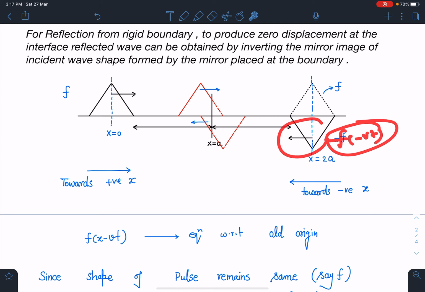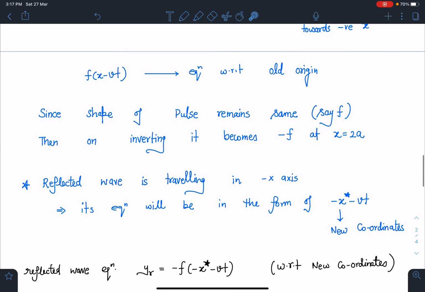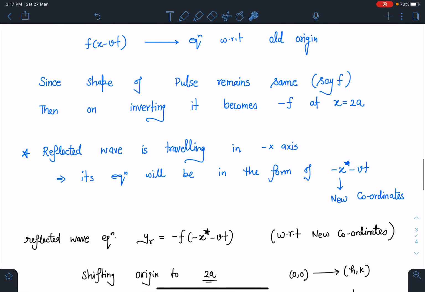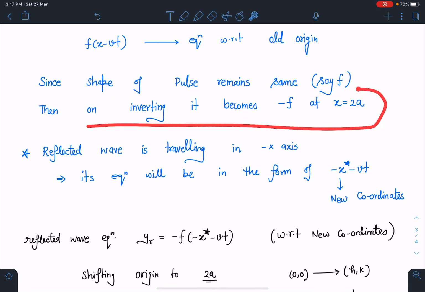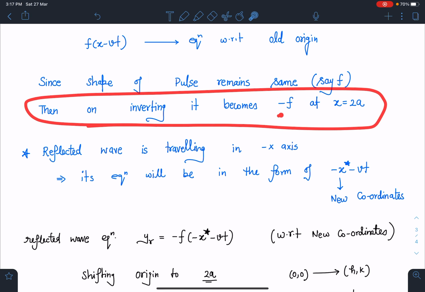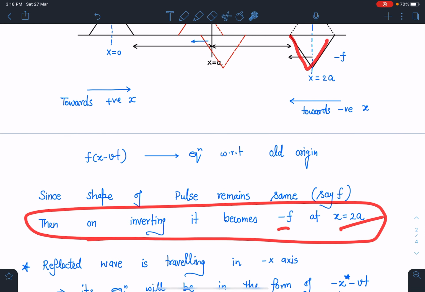Now this has to represent a wave traveling in the negative x direction. I have written some points here. Since the shape of the pulse remains the same and we are calling it f, on inverting, its shape becomes minus f at x equal to 2a. Just now I have explained this part to you.